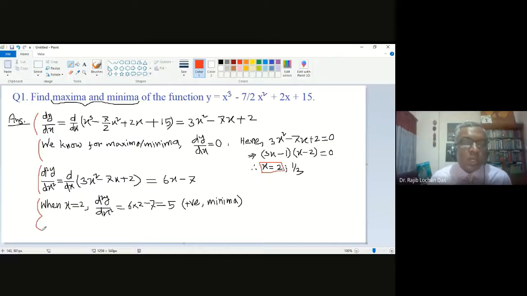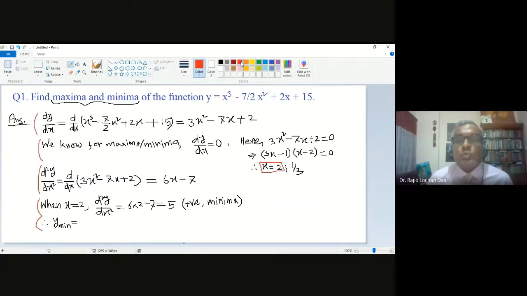So the last two steps are combined together. You will do y min. Y min means the value of the function, which is the minimum value of the function. So for y min, the x value will be put into the original equation.